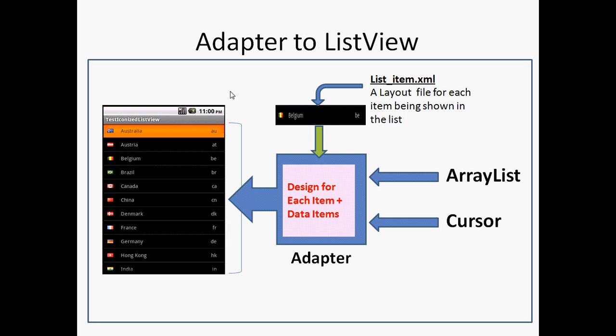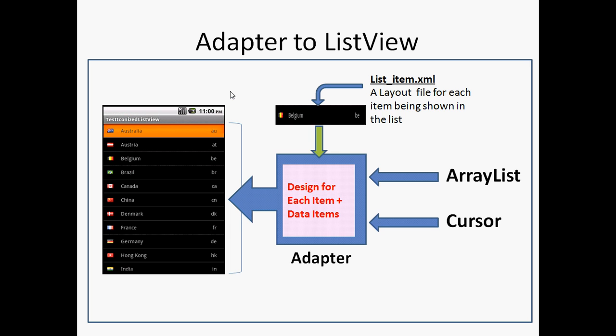Suppose here you can observe that the list view has been implemented for showing flags, country names, and the abbreviations of those countries. Here you can observe that we have three columns. In the first column we have specified the image, in the second column the country name, and in the third column the abbreviation of the country.